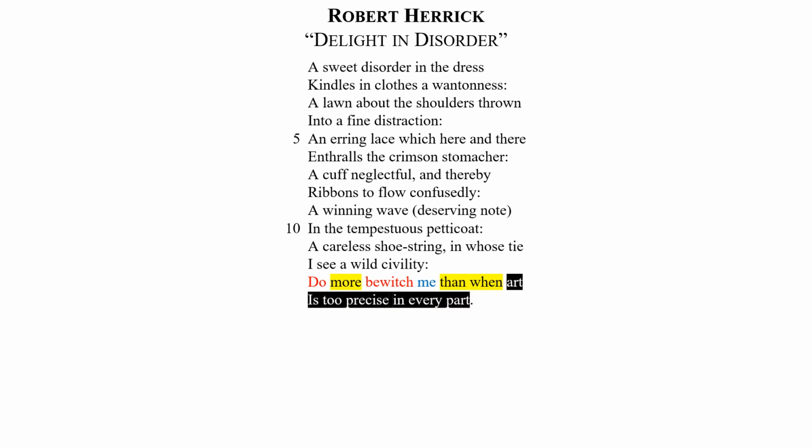When everything is too precise, perhaps that can bewitch me. But what really bewitches me are these other things, the lawn thrown about the shoulders like a shawl. I'm trying to think of a modern word, and I can't think of one other than shawl. An erring lace on the stomacher. Again, I don't know what kind of clothing that is.